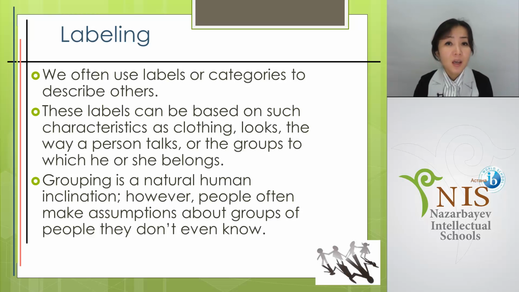They behave crazy and they can be crazy because they spend 8-10 hours doing music, and ordinary people may not understand them. So this also refers to the third one, when grouping is a natural human inclination. However, people often make assumptions about groups of people they do not even know. So this is an interesting topic to go further with, and you can use it as a discussion topic.